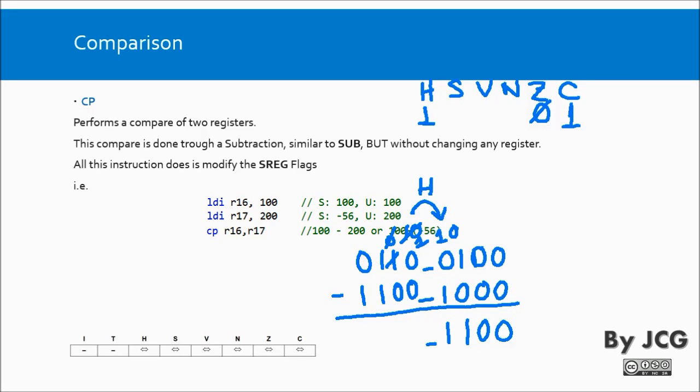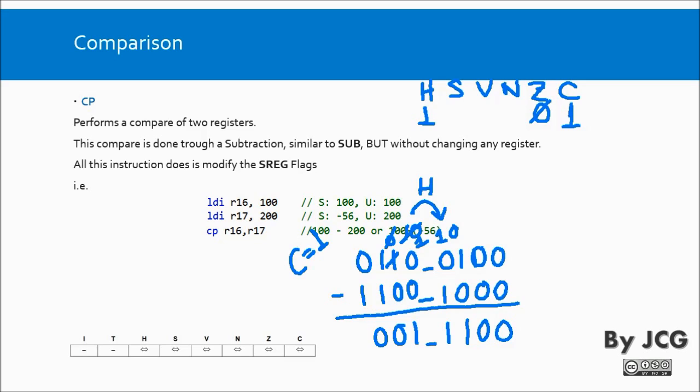Continuing with the example, next we have 1 minus 0, and it is going to be 1. Then we have 0 minus 0, and we're going to have a 0 here. Next we have 1 minus 1, and of course 1 minus 1 is going to be 0. And then we have 0 minus 1. What happens is we're going to borrow from the carry. We're going to assume that the carry is 1.